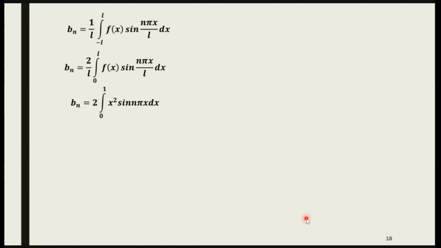Again use u into v. X square is an algebraic function taken as u. Sine is a trigonometric function, so that is taken as v.